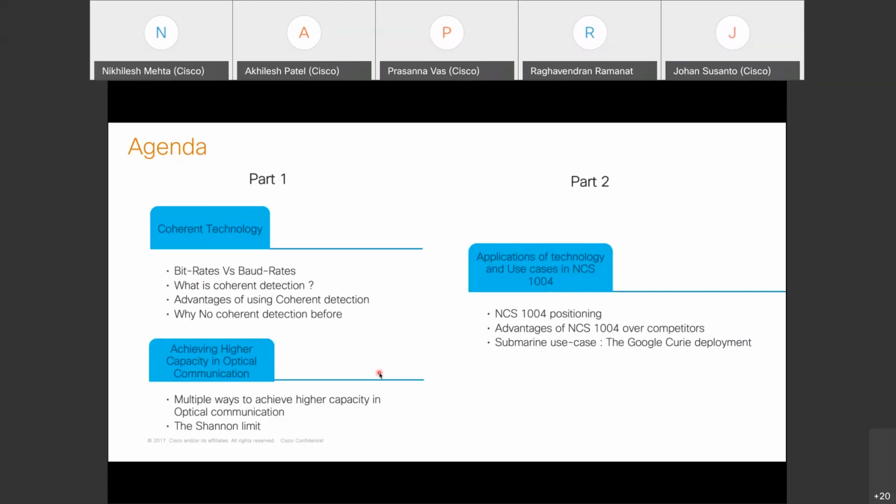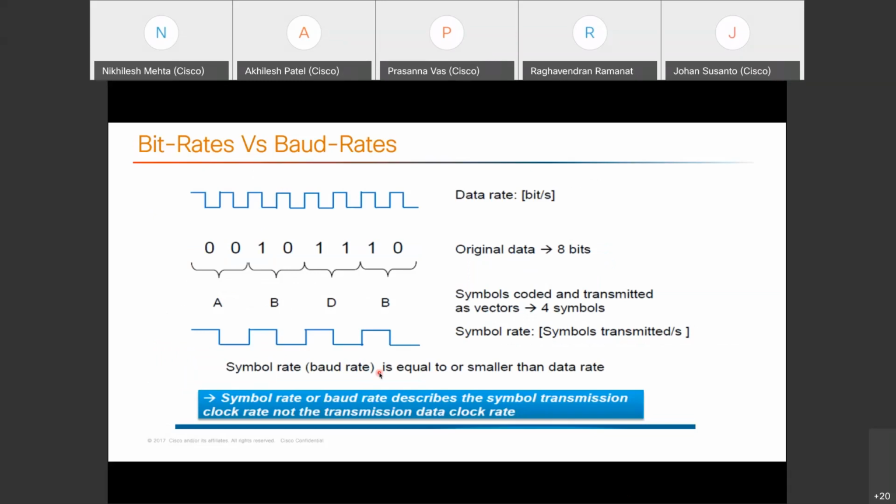So let me start with the basics. This slide is about the difference between bit rates and baud rates. This terminology, the baud rate, comes up very often. The bit rate is defined in terms of the number of bits you send per second. If you see here, there are 8 bits, and if you take chunks of multiple bits, in this case 2 bits, then they are the symbols.